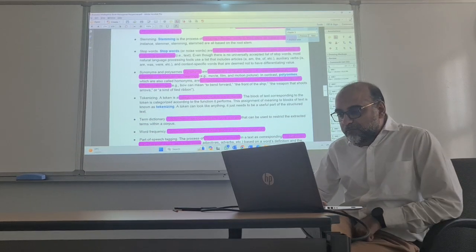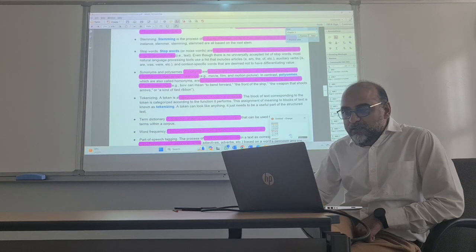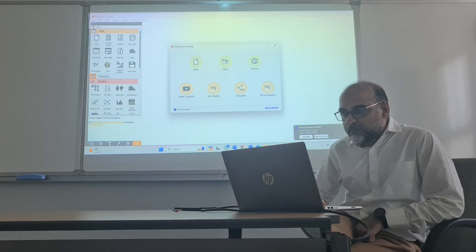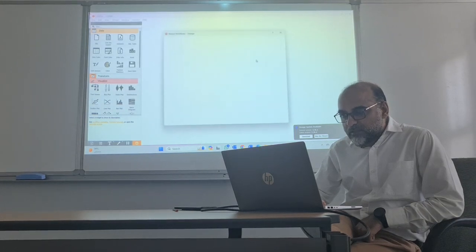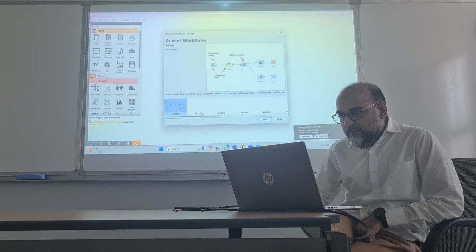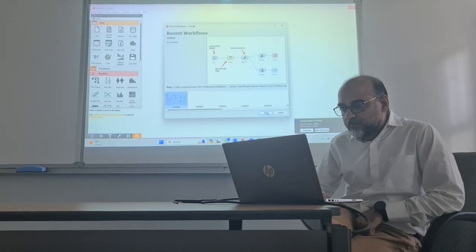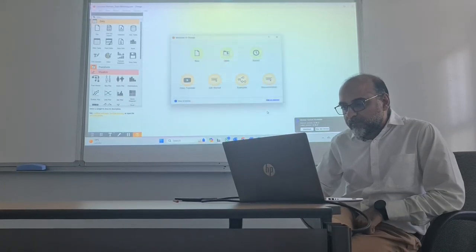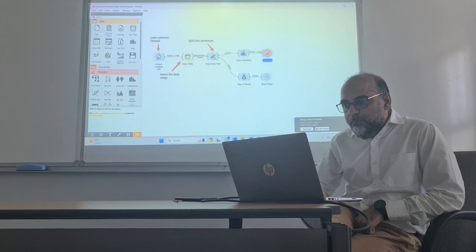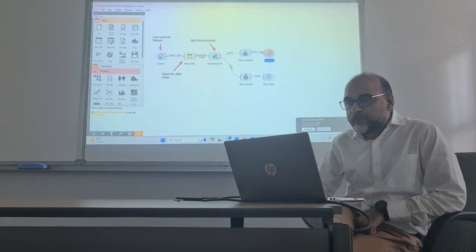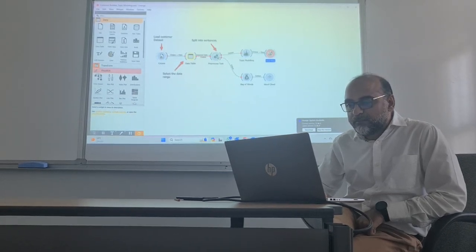Okay, my Orange is open. It has pre-processing in it. Do you see this pre-processed text? Let me double click on it.